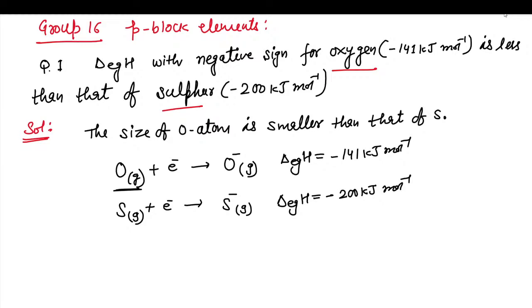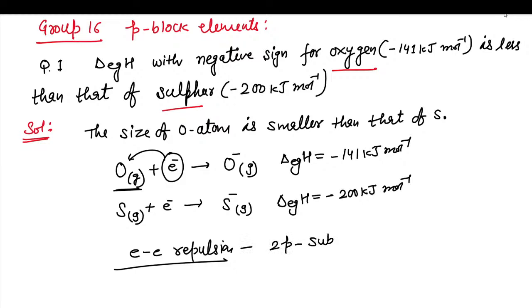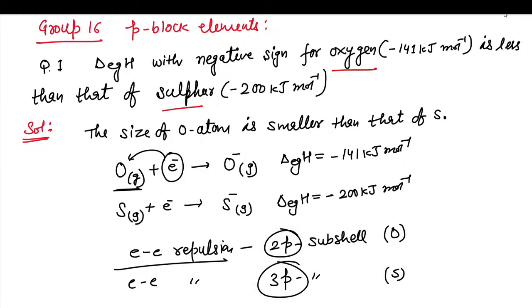Due to this small size, when the electron enters it, the electron repulsion is more, because in oxygen there is a small 2p subshell. But in sulfur there is a large 3p subshell, so electron repulsion experienced is less in 3p. But in the 2p subshell, electron repulsion is more. So this is the proper reason for this question.